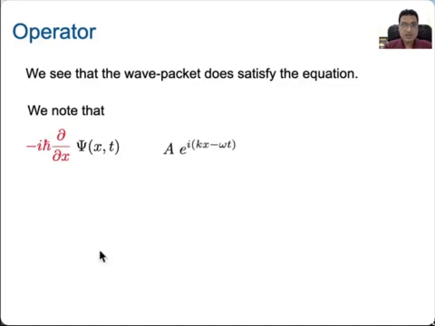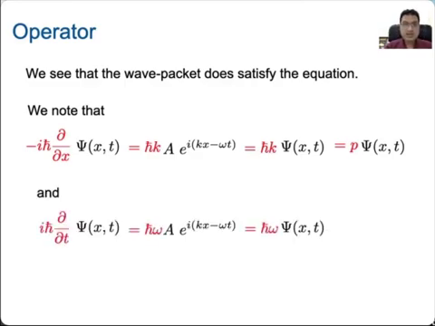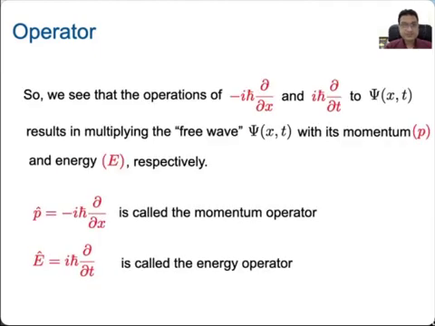Here, whatever you operate, at the end of the day you get back the same function. This is only true when you have e to the power ikx, or, let's say, a Gaussian function, then it is easy to define these quantities as an operator.